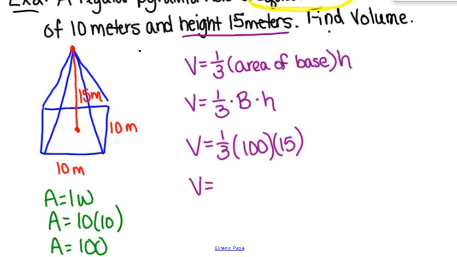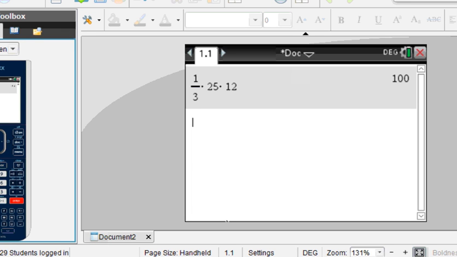And once again, I'm going to get my calculator out, and into my calculator I'm going to type 1/3 times 100 times 15.